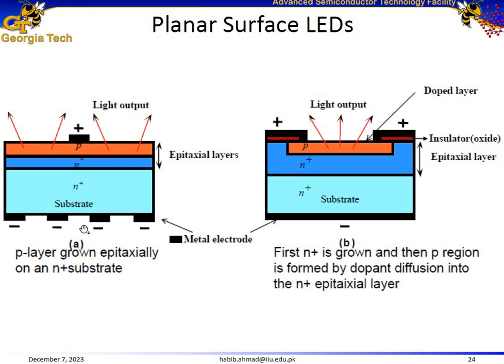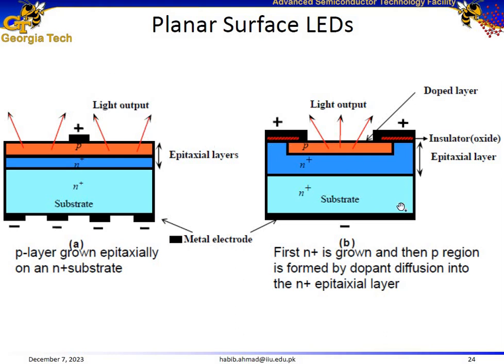So with the application of voltage to the contacts under forward bias, as we already discussed, it's going to result in the flow of carriers across the junction, and then these carriers recombine, resulting in the emission of photons. So generally this top layer, the p-type layer, is thin enough so that these generated photons can easily escape the semiconductor device and move into the environment.